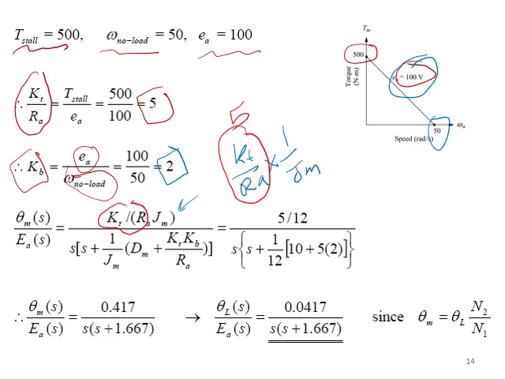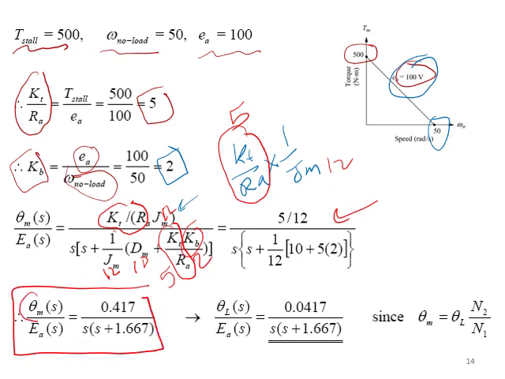Then Jm, found in the previous slide as 12, we substitute here as 12. Then Jm again here at 12. Dm found earlier as 10. Kt over Ra found just now as 5. Kb equals 2. See how simple things are. Then we simplify after substituting, and this is what we are going to get.